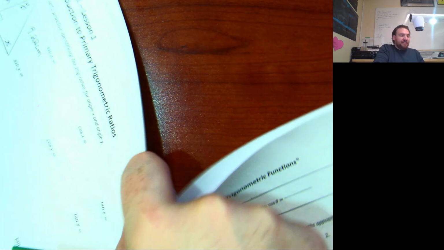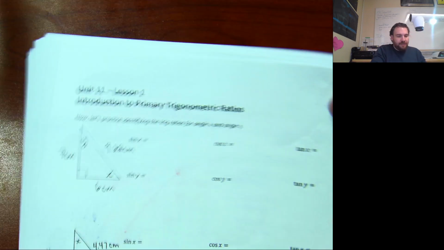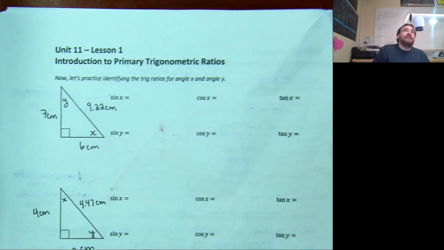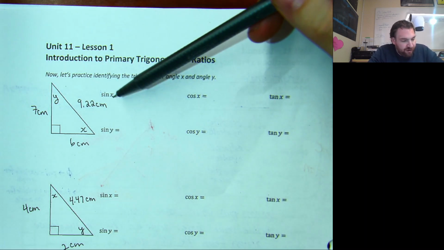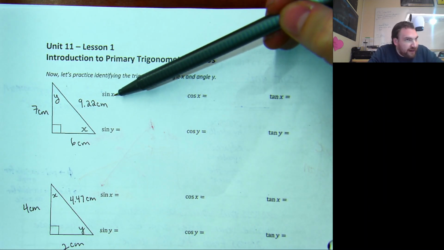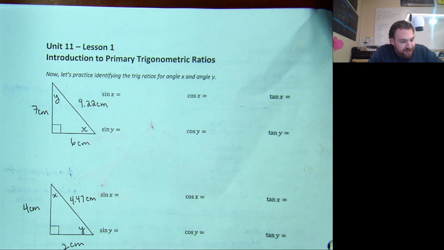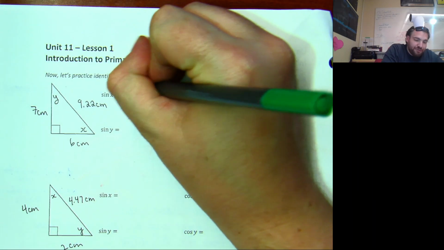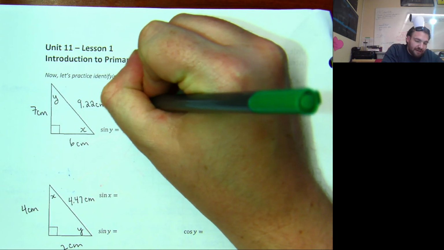So let's flip the page here. Let's take a look at how these things actually work then. If I wanted the sine of x here, the sine ratio as it relates to angle x, sine x is going to equal what? 7 over 9.22. How'd you do that, Carolyn?